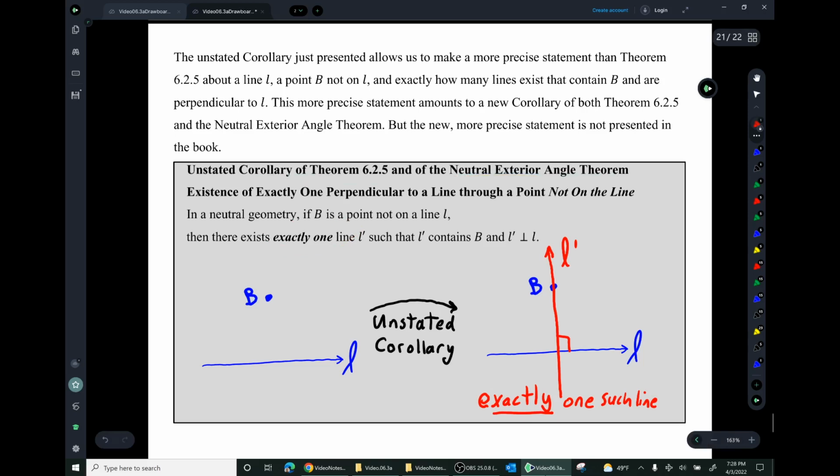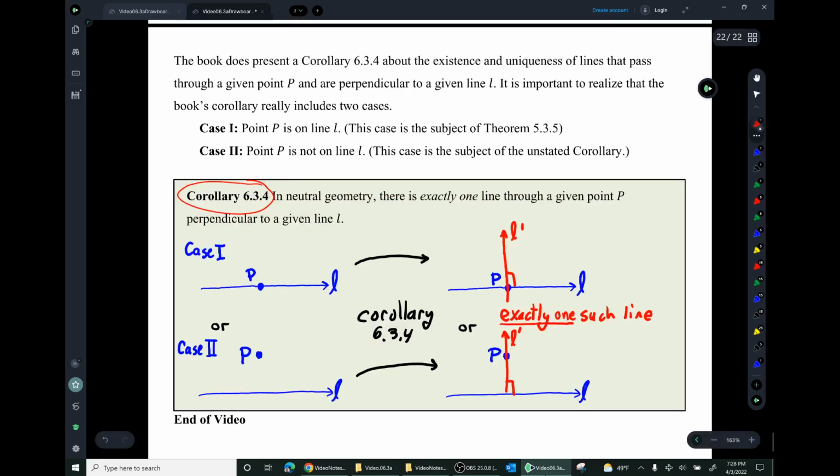So this corollary is not stated this way in the book. What is stated in the book is this corollary. Corollary 6.3.4 says that in neutral geometry, there's exactly one line through any given point P, perpendicular to a given line L. Realize when you read this that the book's corollary is actually encompassing two cases.